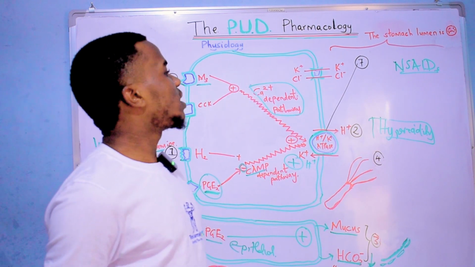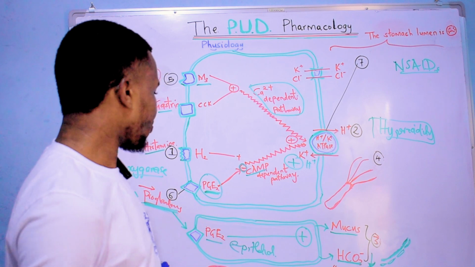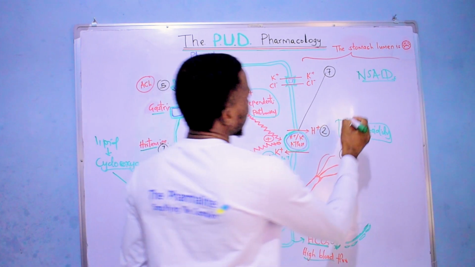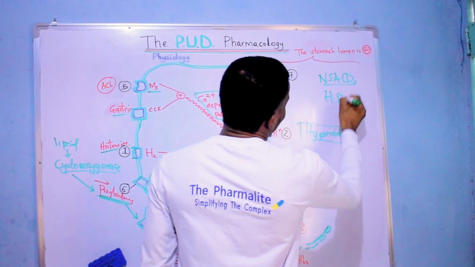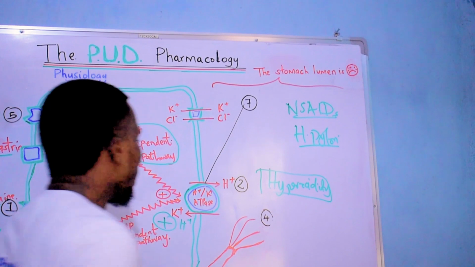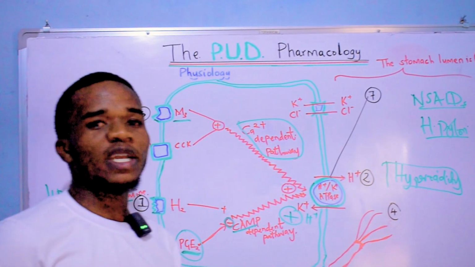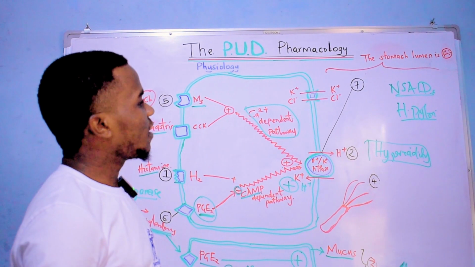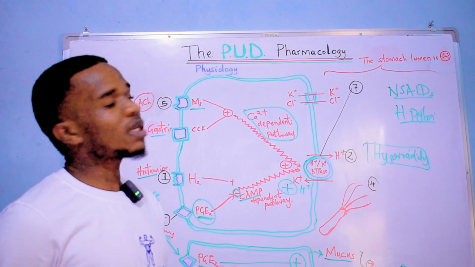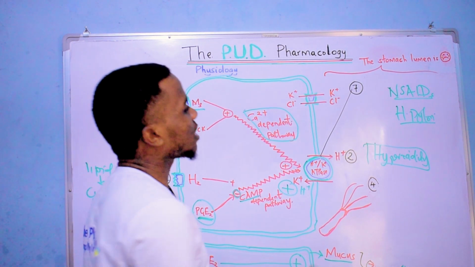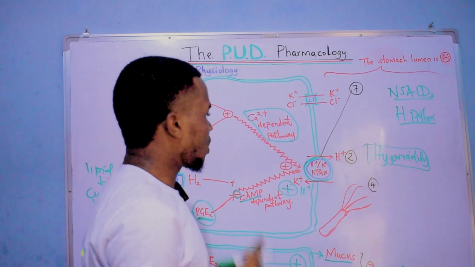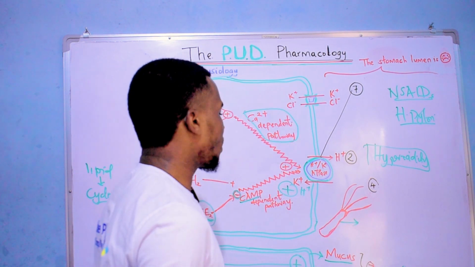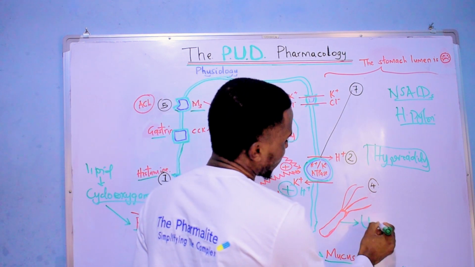The other condition which is highly linked to stomach ulcers or peptic ulcer disease is H. pylori. H. pylori in full is Helicobacter pylori, which is a gram-negative bacterium. It is actually the commonest cause of peptic ulcers in the current situation, because Helicobacter pylori has an enzyme called urease.